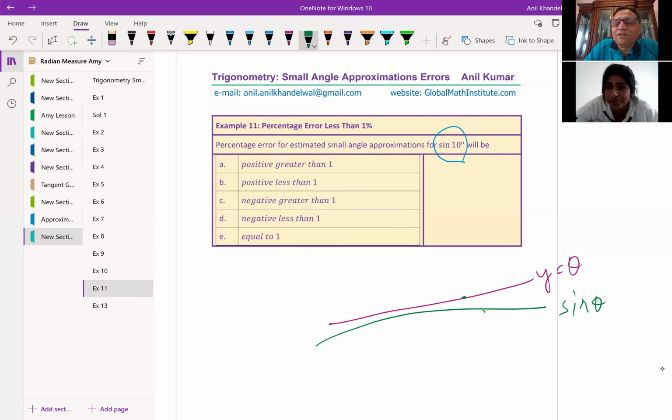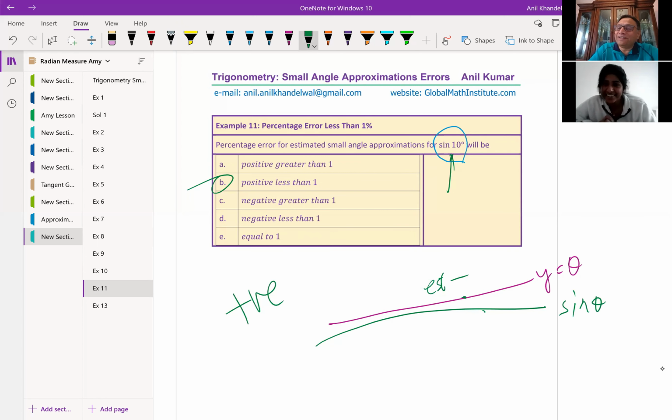Positive. No, wait, let me think. This is the estimated, right? It is going to be positive. You paused, so it made me question myself. And 10 degrees means less than 1%, correct? So it is positive and less than 1%. Then B. You can't do the pausing because you make me question myself. I was really thorough. You get the idea.